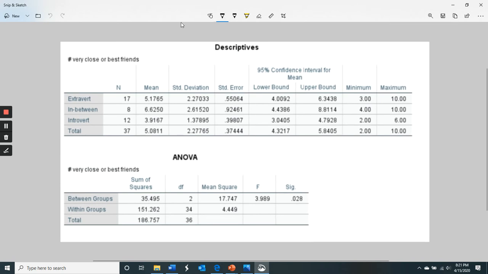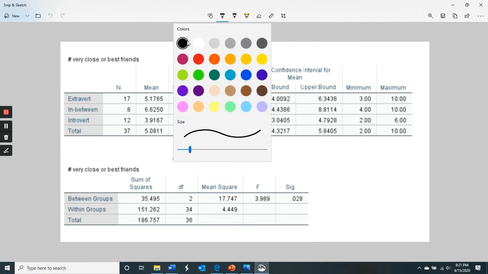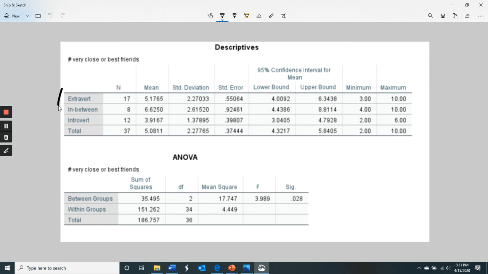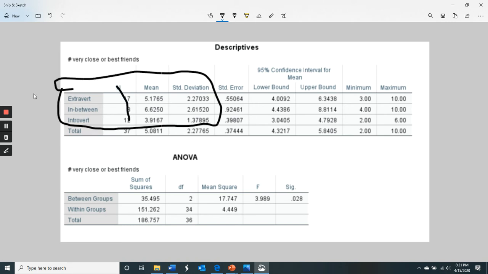So again, let's just start with our tables. Table 1 is here. We have the 3 groups and we have their mean and standard deviations. That's n, we don't need the n. So that's what your table 1 should look like. It has the 3 groups, extrovert, in between, and introverts, and their mean and standard deviations.